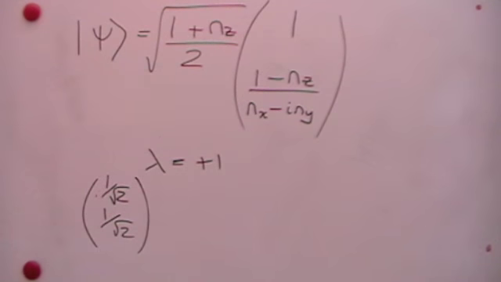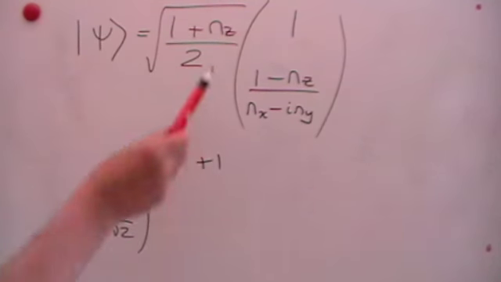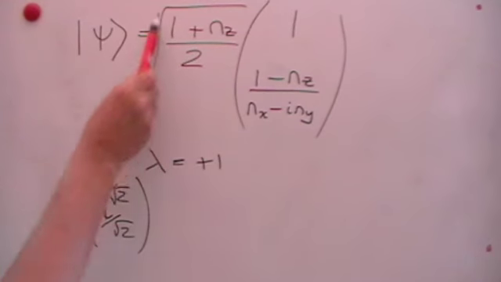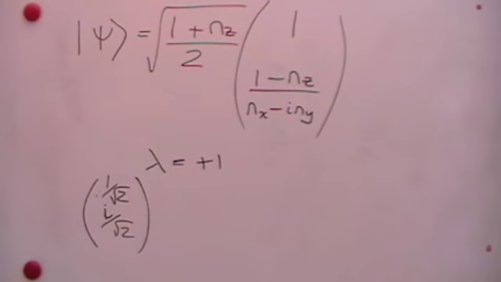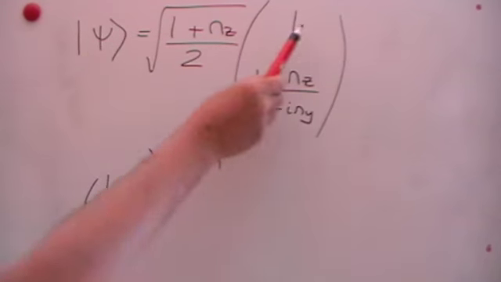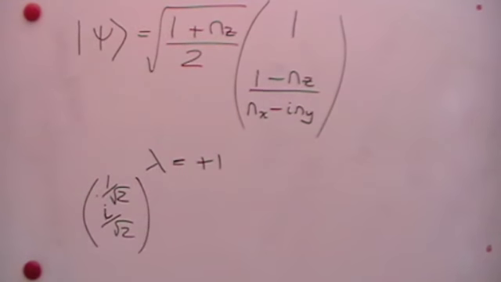Now what happens if ny is 1, but nx and nz are 0? Well, we know what the eigenvector will be. It will be 1 over root 2 and i over root 2. Is that true? Well, nz is still 0, so it's the square root of 1 over 2, which is 1 over the square root of 2, times 1. Well, that gives us that, so that's okay.